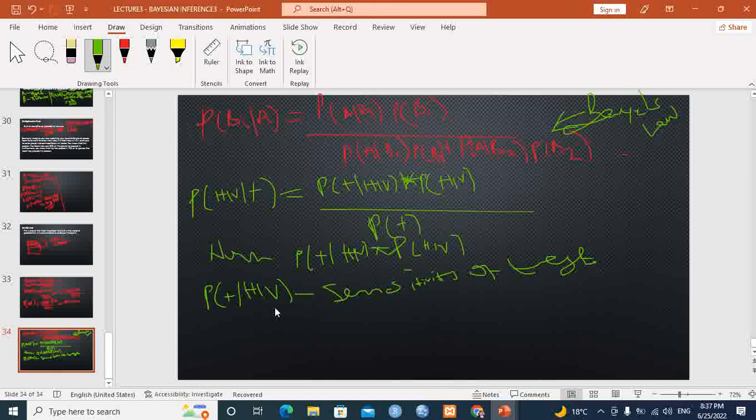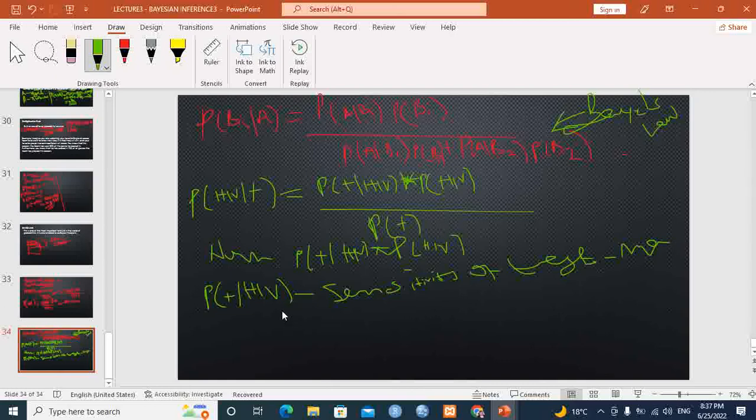So what is the probability that if you have HIV, the test you get is positive? Those people who have created the kit, the manufacturer, will give you this. The manufacturer will give the sensitivity of the test.